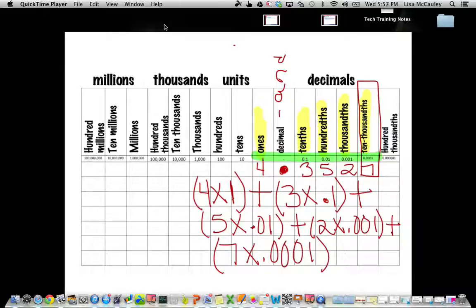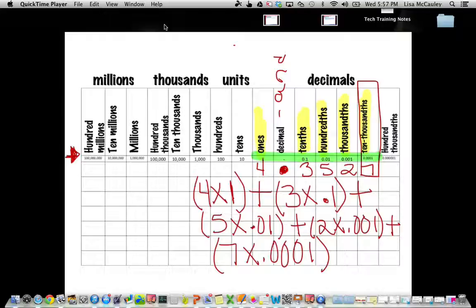Okay, so that's how you do expanded form. You basically take every digit in the number and multiply it times the place value that is in this chart right here, or in this row. Okay, that's what you multiply by. Okay, and that's why this chart is going to come in so handy for you.